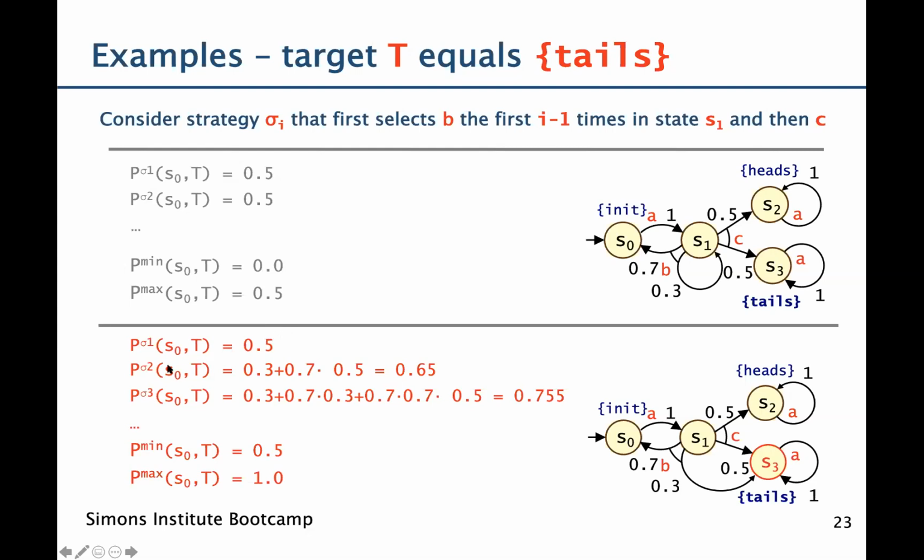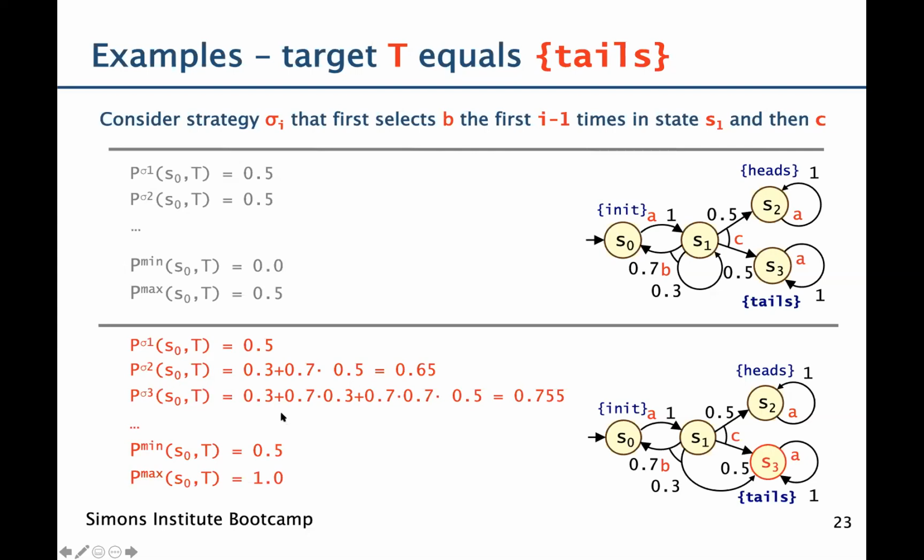On the other hand, for sigma 2, if we first choose B, then we've got a probability 0.3, or we go back to S0, then the second time we take this action C, and we've got a 50-50 chance. So it's 0.3 plus 0.7 times 0.5.